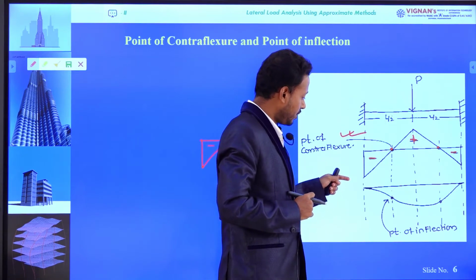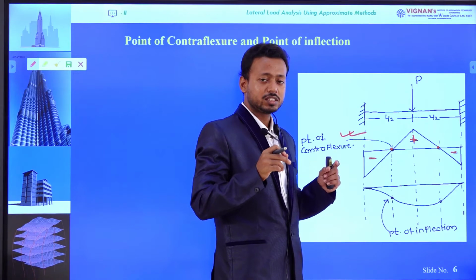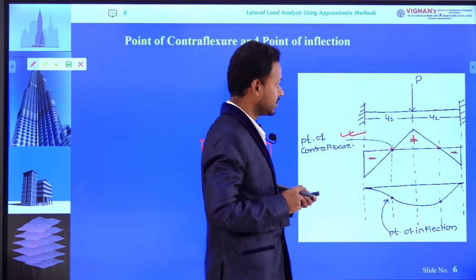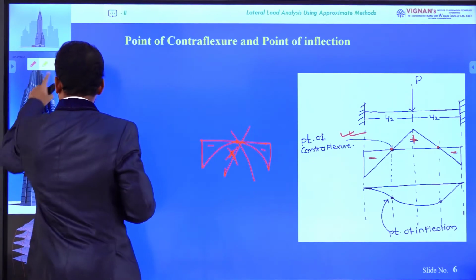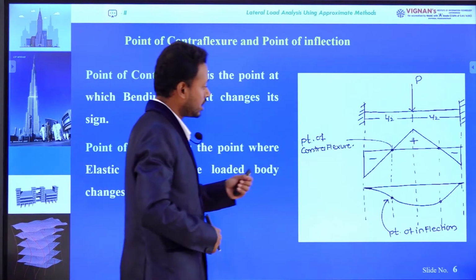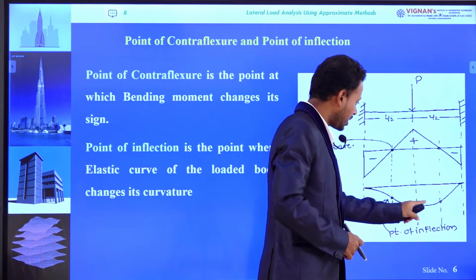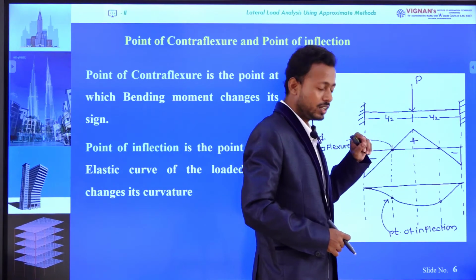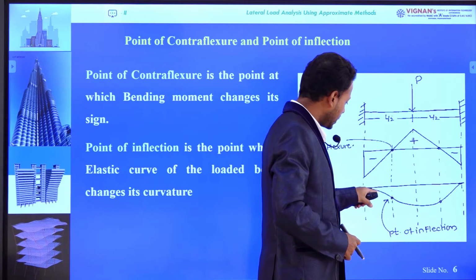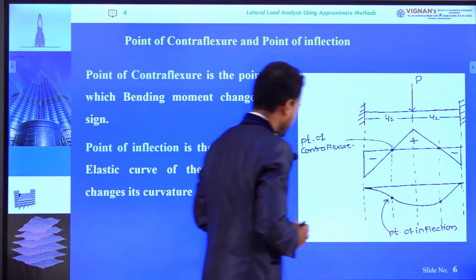The point of inflection is the point in the elastic curvature of the body. Okay, this is the elastic curvature of the loaded body. Here the elastic curvature is changing at this point and this point.